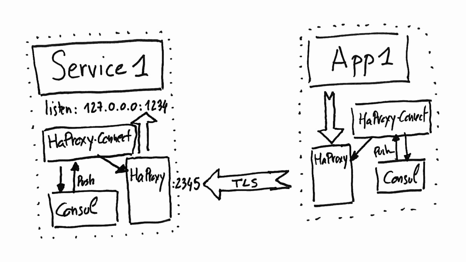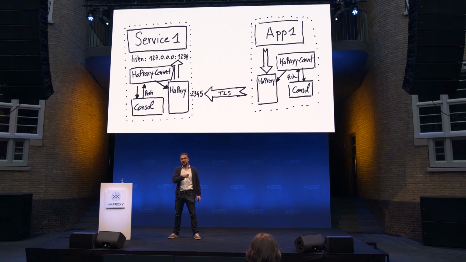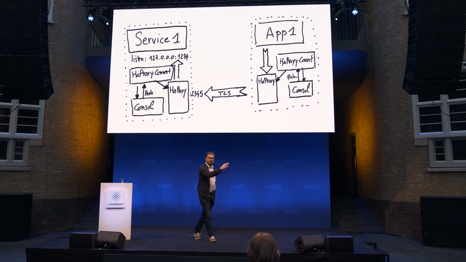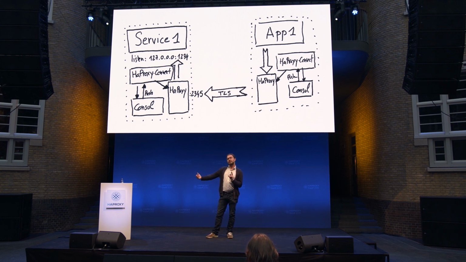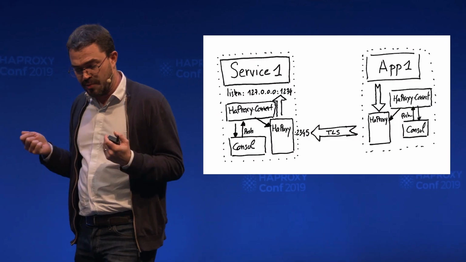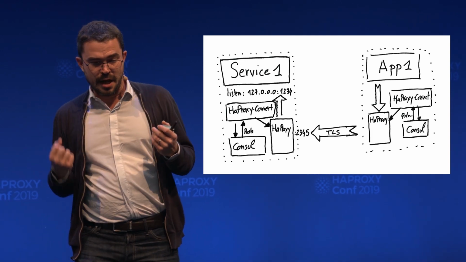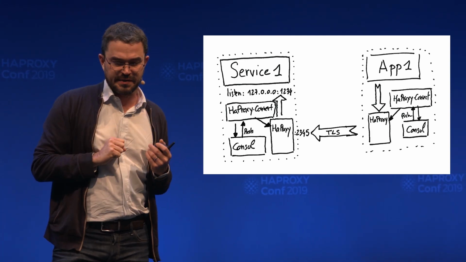And this HAProxy Connect system is going to create a configuration file for HAProxy and send the commands to HAProxy to be updated whenever those targets, here service 1, will be updated. And encapsulating all of this within TLS. On the service 1 side, HAProxy will be responsible for getting in its front end the incoming TLS traffic and sending it as plain text to service 1 itself.